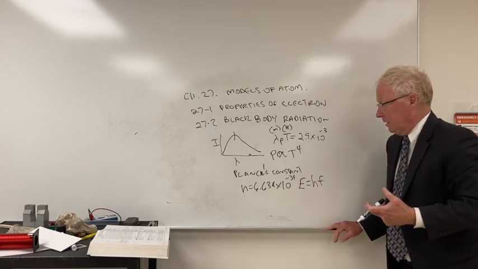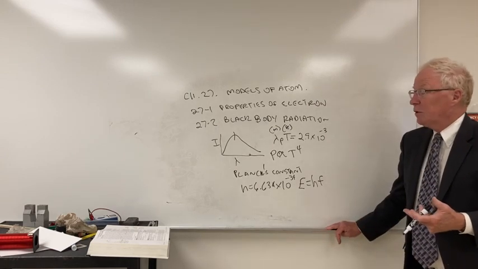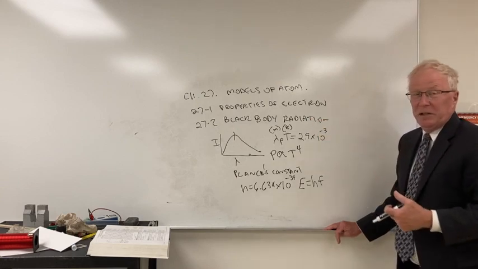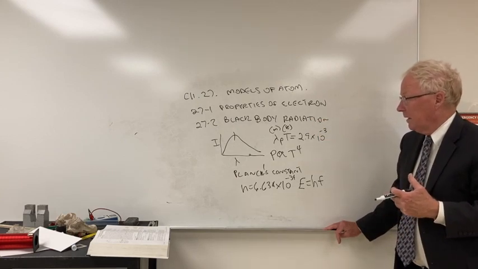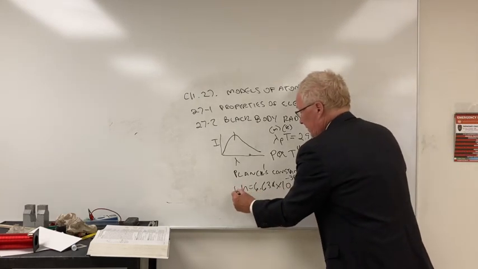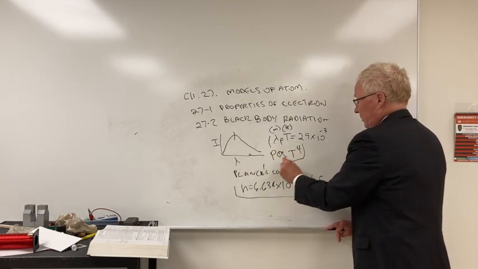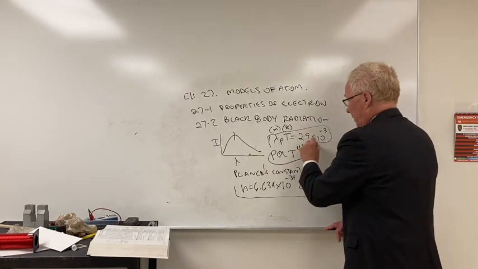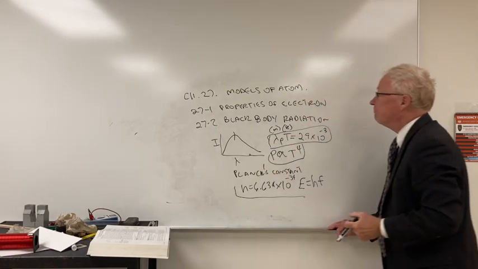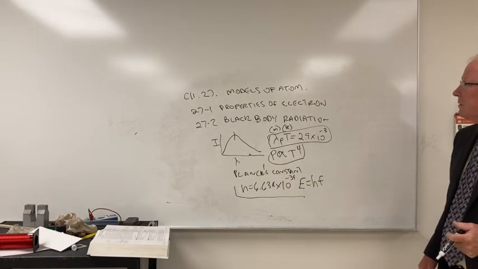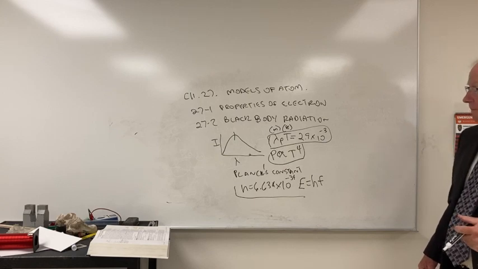So that's Planck's constant to explain black body radiation theoretically. So this is a constant here, this is the relationship here, and this relationship. So these are the important relationships there. All right, so that's the first two sections.